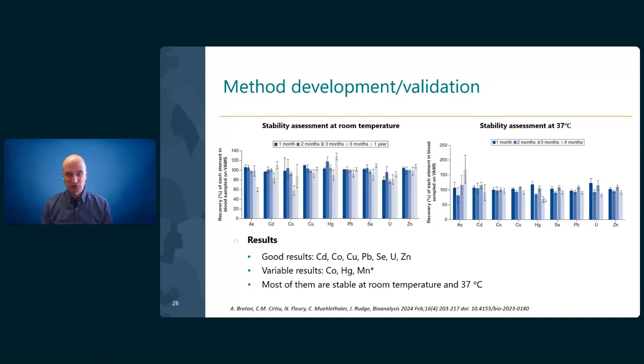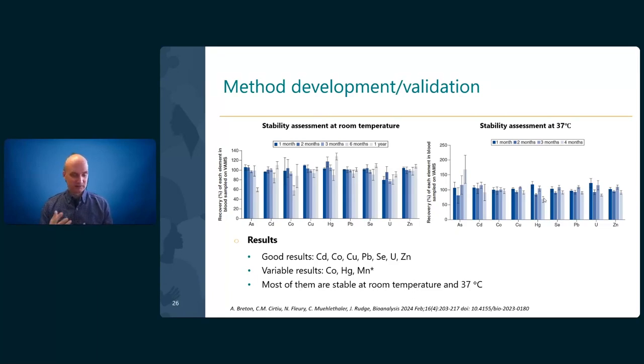Manganese is not shown here, because at the time when we performed this test, the VAMS devices we had been using were highly contaminated in manganese. So it was not possible to monitor that element.